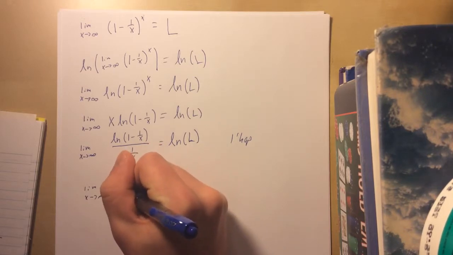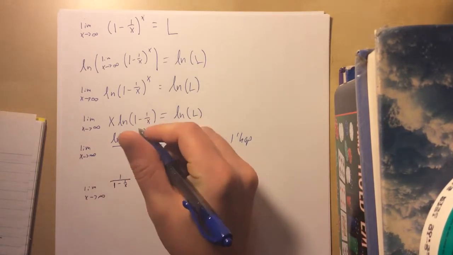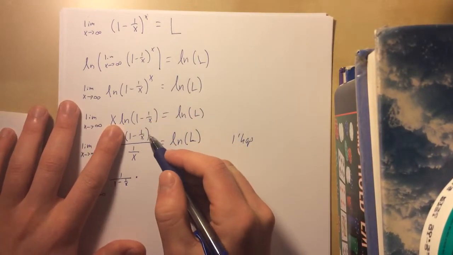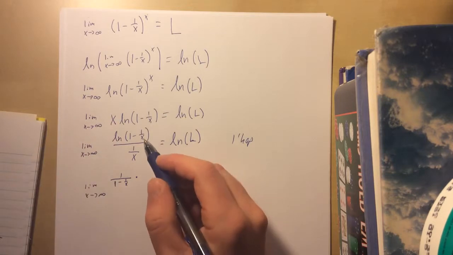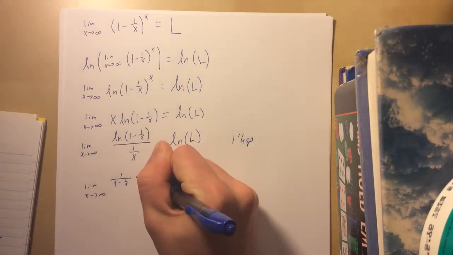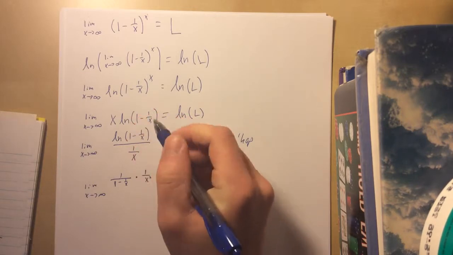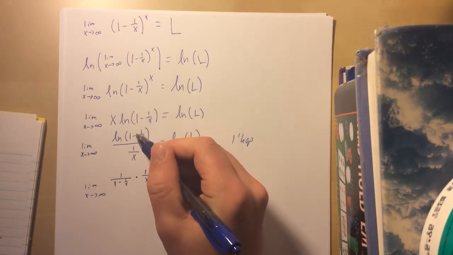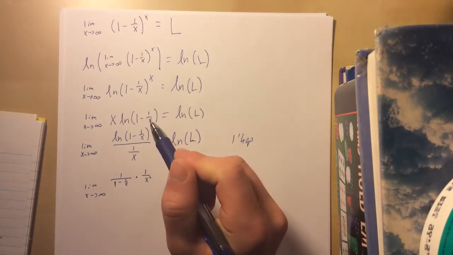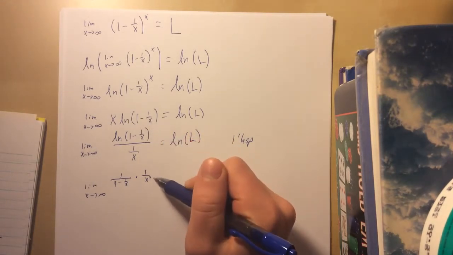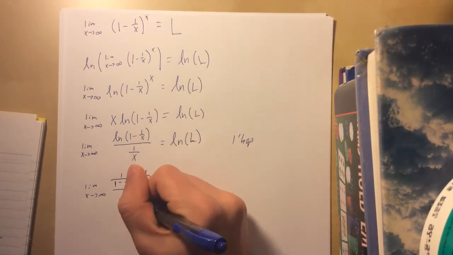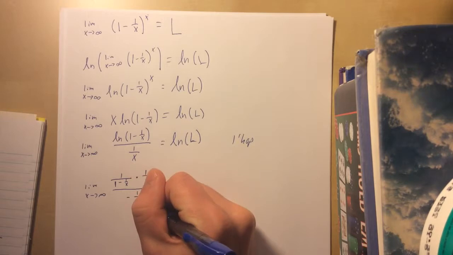Then we multiply that by the derivative of the inside part. The derivative of 1 minus 1 over x is just going to be 1 over x squared, because we're looking at negative 1 over x, which is the same as negative x to the negative 1, and the derivative of that is x to the negative 2, which is 1 over x squared. The denominator, the derivative of 1 over x, is negative 1 over x squared.